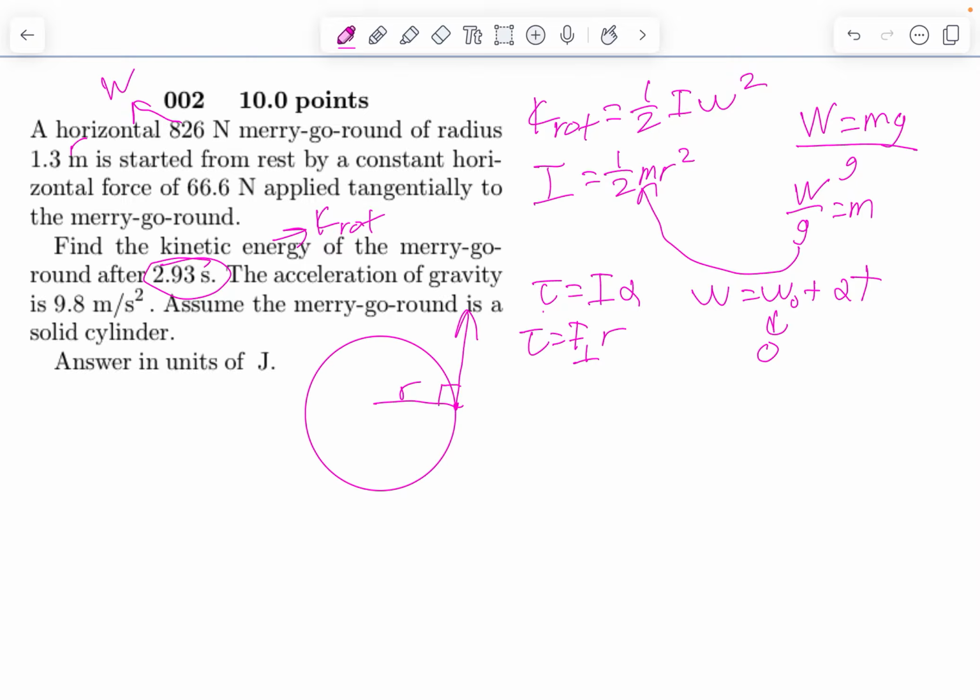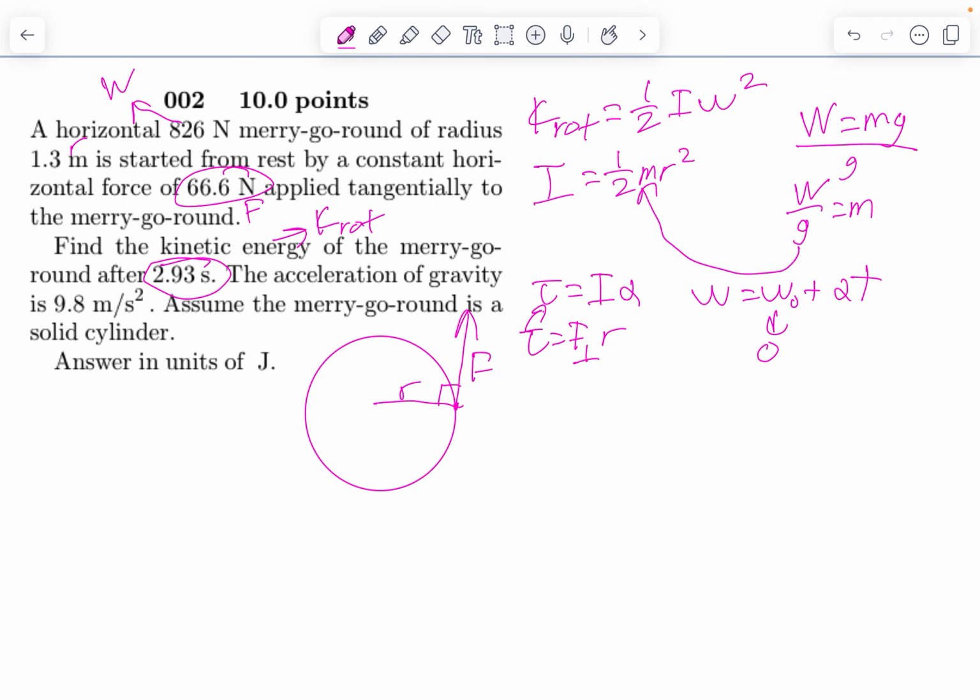That should be a right angle. I'll call that F. So my F is 66.6. Your F is a different number. It's already tangential, so it's already perpendicular to your rotating axis. So you just gotta multiply by r. Then you can solve for torque.